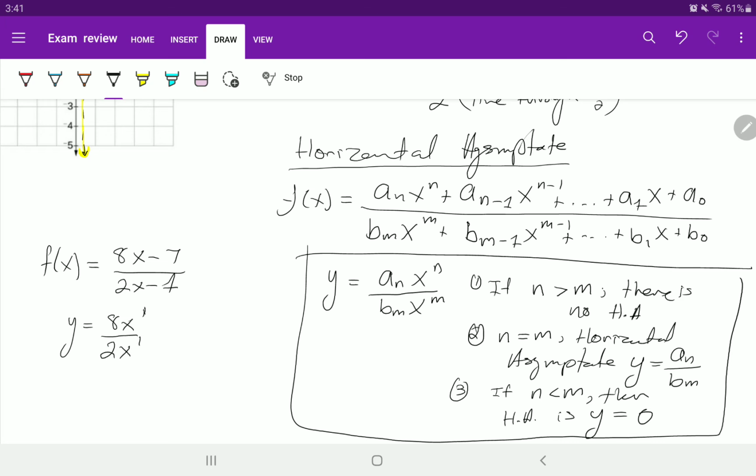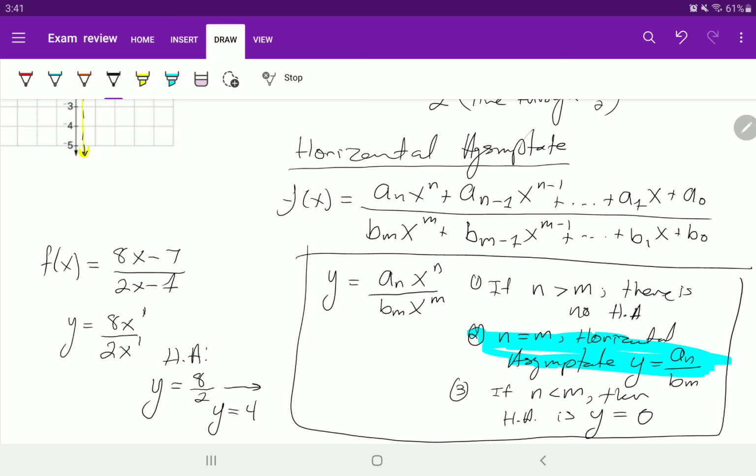If you notice, the degrees of the leading terms in my numerator and denominator are equal. Therefore, my horizontal asymptote is y equals 8 divided by 2, the coefficients of my leading terms. And 8 divided by 2 is 4. So y equals 4 is the horizontal asymptote.